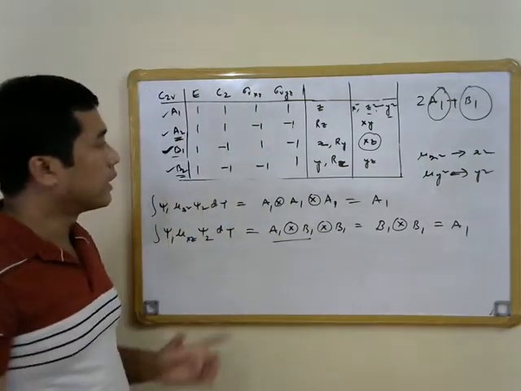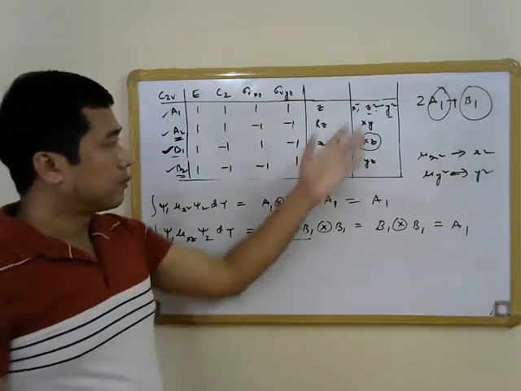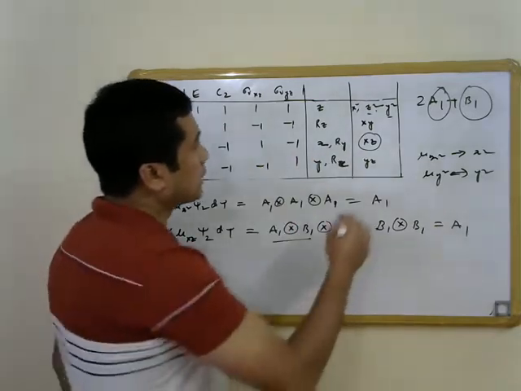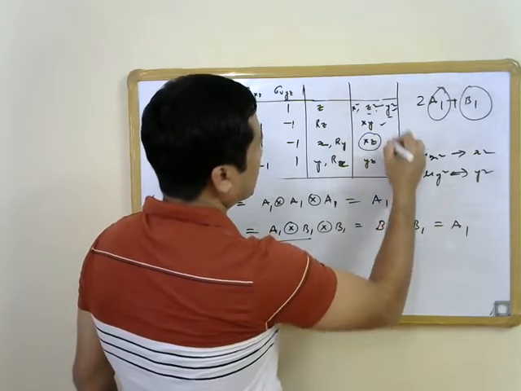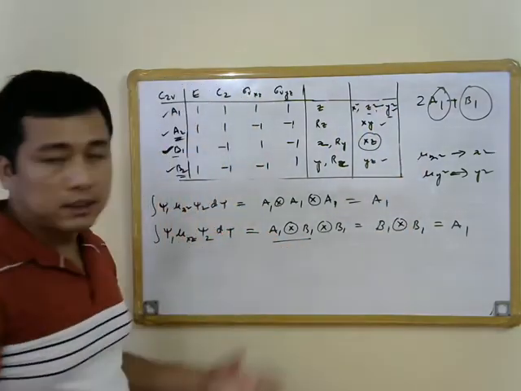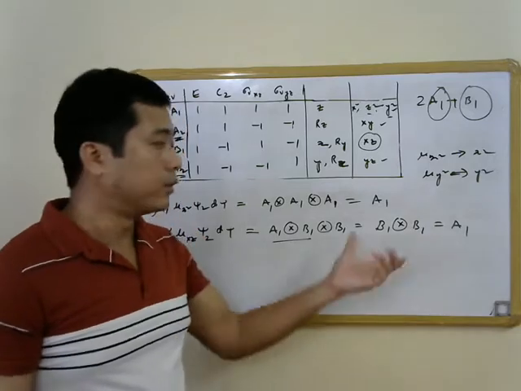If you do it for the other polarization tensors, that is for xy, x square, y square, z square as well as yz, the answer is not going to come out to be equal to a1.